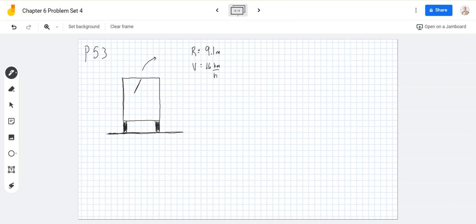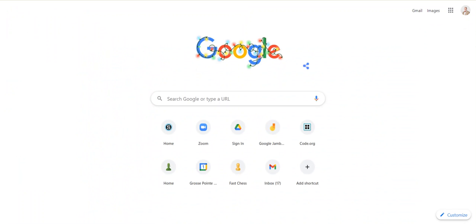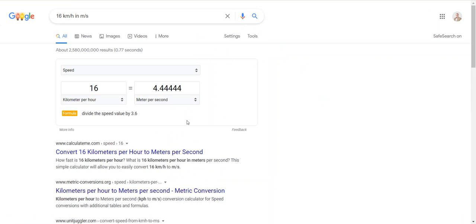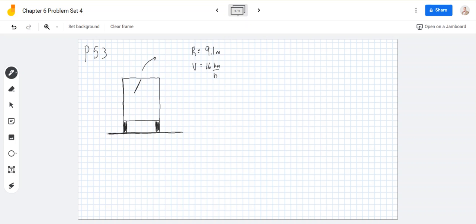Let's figure out what that is in meters per second. Okay, 4.4. Cool.